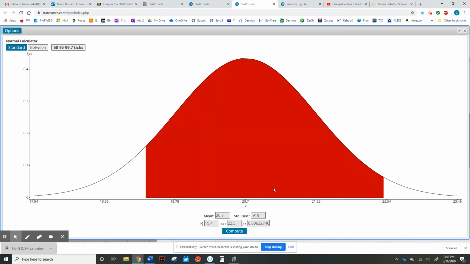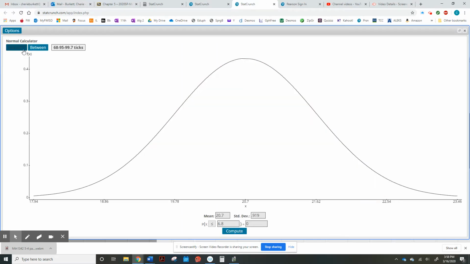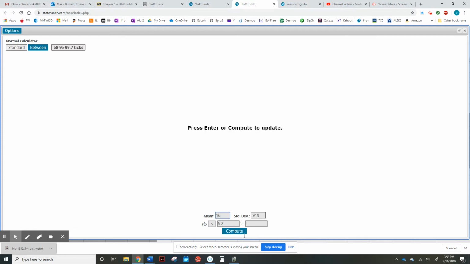If you go to StatCrunch, you're just doing a standard normal calculation. Your mean is 1,615. Your standard deviation is 550. And they want to know what's the probability that it's less than $1,400.